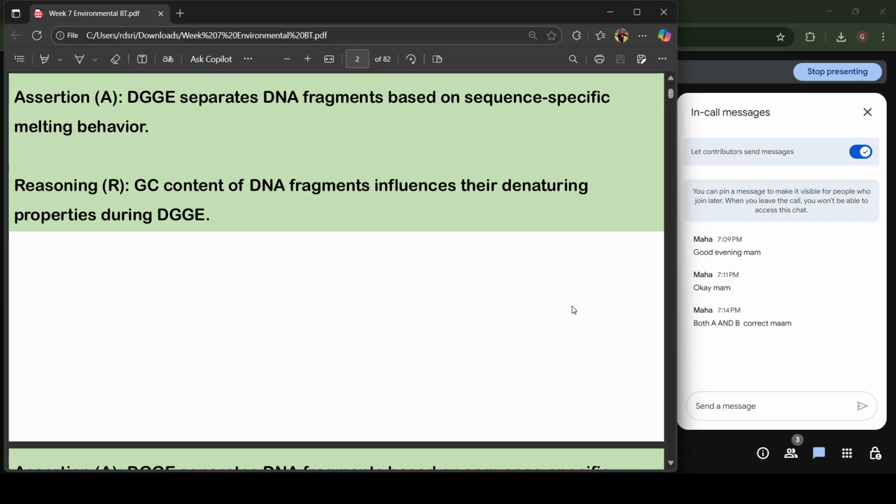But the AT pair is bonded using a double bond, and the GC pair is bonded using a triple bond. So breaking the GC bond is a little more difficult than breaking the AT bond.